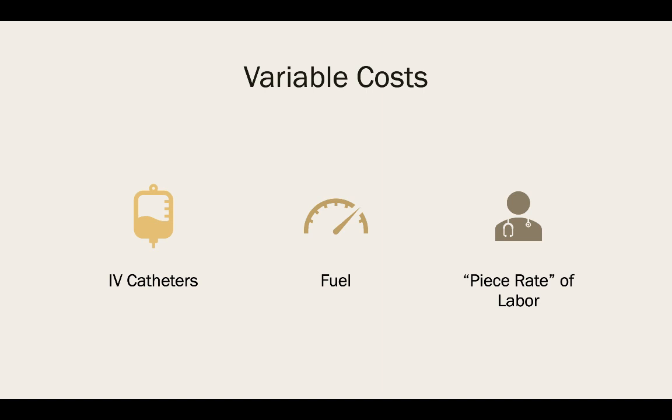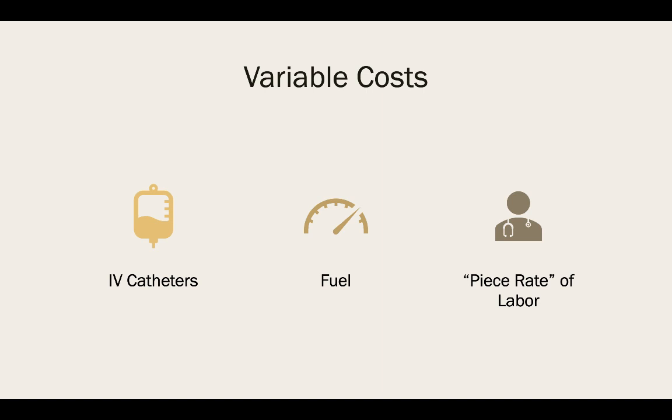The more calls we go on, the more we're driving our vehicles, so the higher the fuel cost. And then we also talk about the piece rate of labor. Even though for those extra 500 calls, going from 10,000 to 10,500, we're not necessarily putting a new truck on the road, not necessarily hiring new people to staff that truck, the piece rate of labor, we might have to pay a little extra overtime.